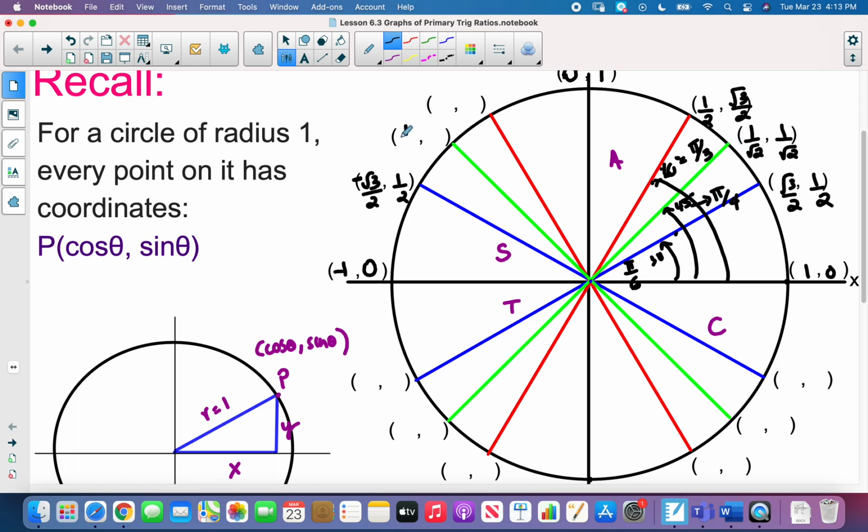So it'll be 1 over root 2, 1 over root 2, but cos is negative here, so it's negative. And this one here will have the same as we have here. Cos is negative, so it'll be negative half and root 3 over 2. Okay?